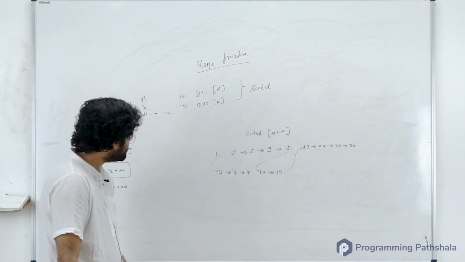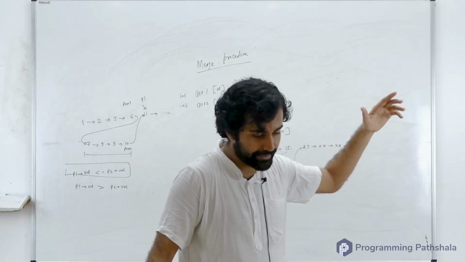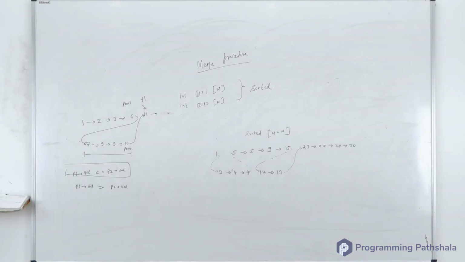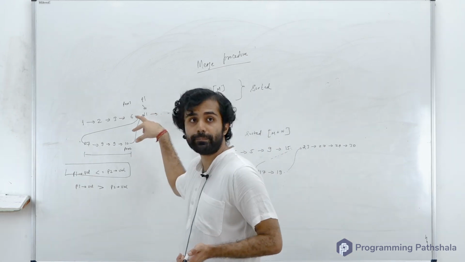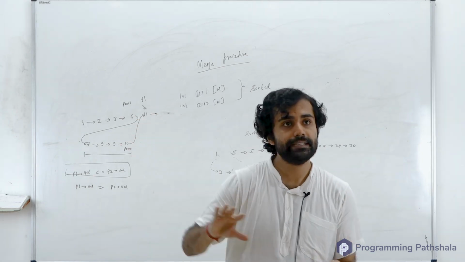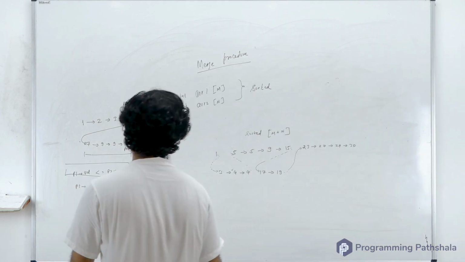Tell me, when will you terminate your algorithm? So you have P1 and you have P2. When will you want to terminate your algorithm? Can I say that the moment either of P1 or P2 becomes null, that means I can simply stop? Yes or no? Yeah, because I showed you what happened when P2 was null. The same thing will happen when P1 has also become null. It can very well happen.